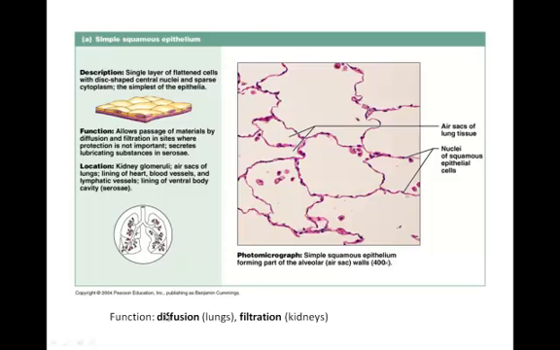So the reason we have these simple squamous cells, only one cell layer thick, is we don't want a thick surface for that oxygen to have to diffuse through. So here we have complementarity of form and function.